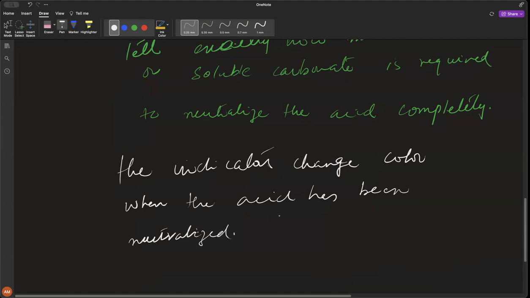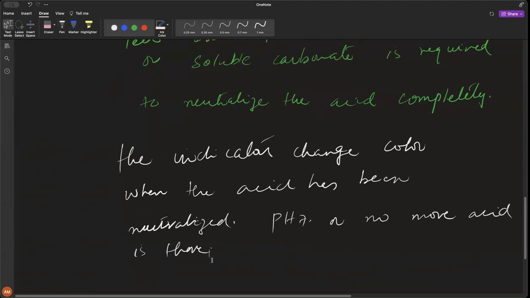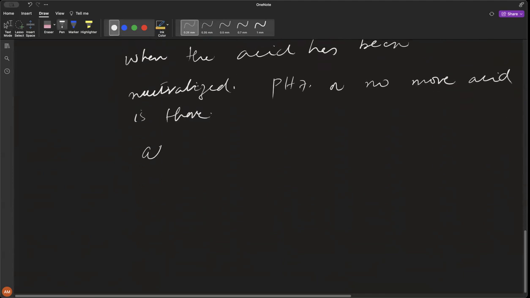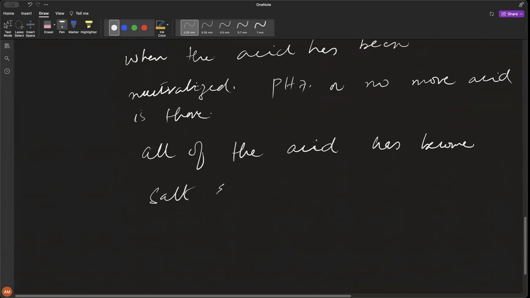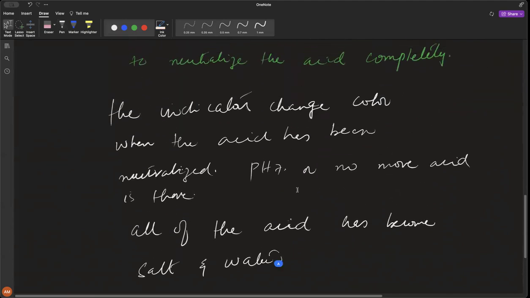What does that mean? The pH has become 7, or no more acid is there, or you can say all of the acid has become salt and water. All right, this is what it means.